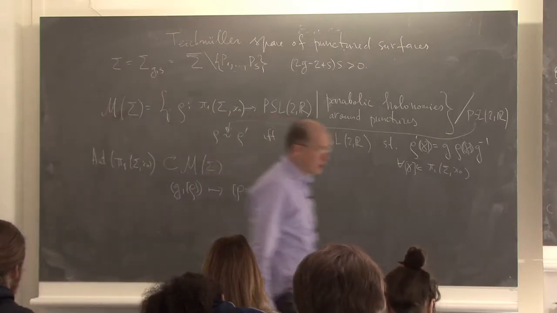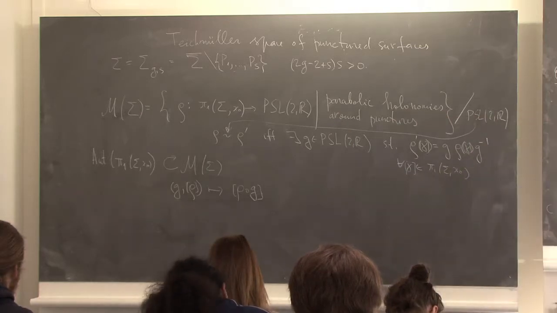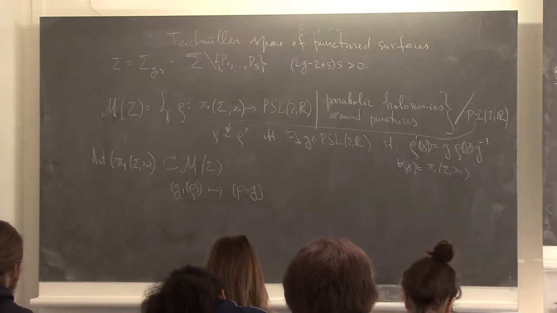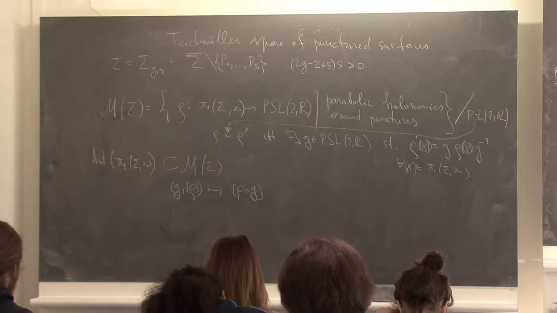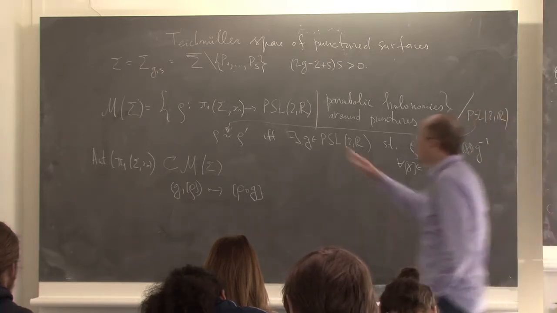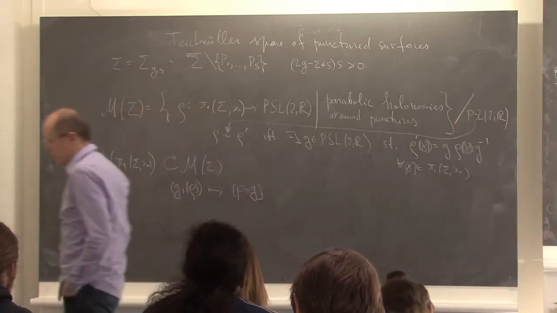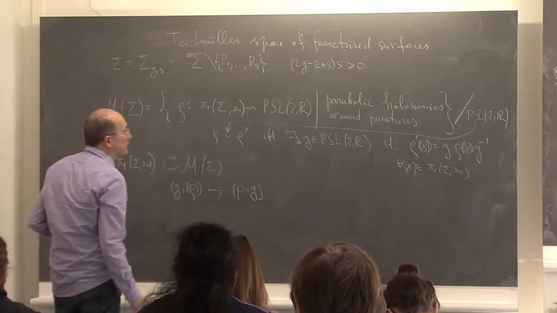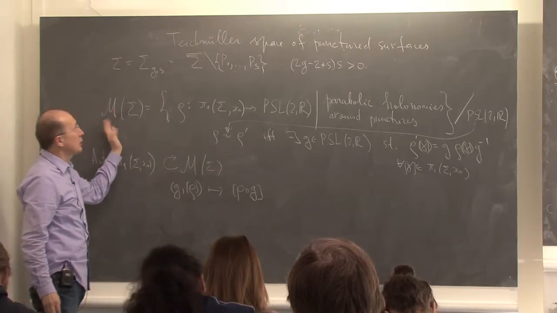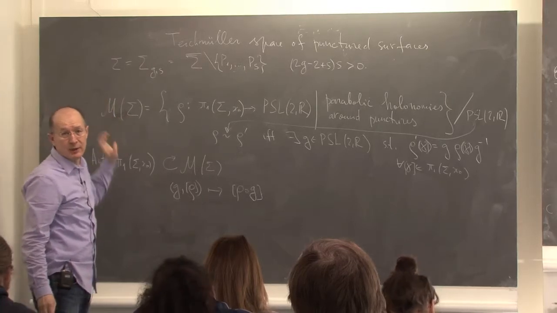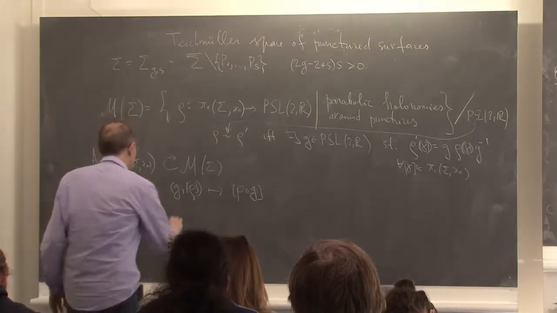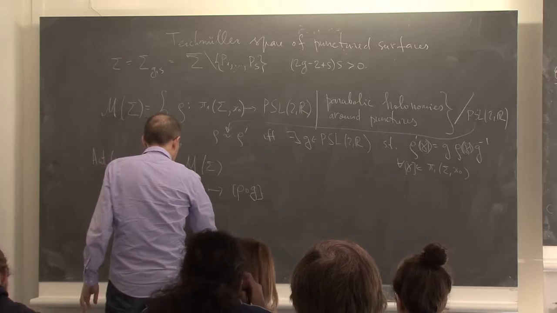In principle, if we want to stay in contact with Chern-Simons theory, then we should work with this space. But we will not do that, so we will just work with one piece of that space, which is called Teichmüller space.